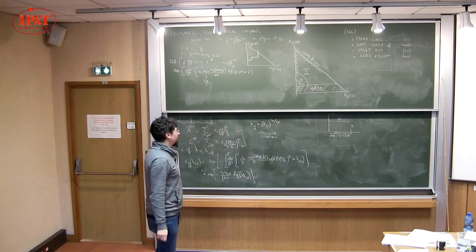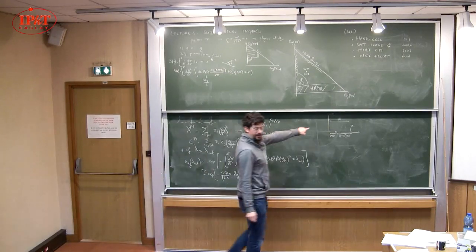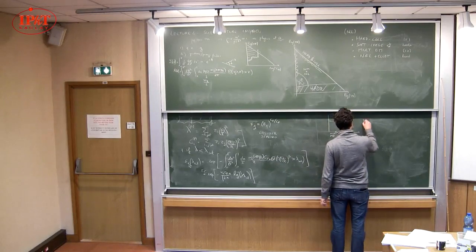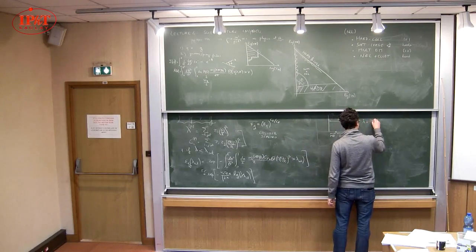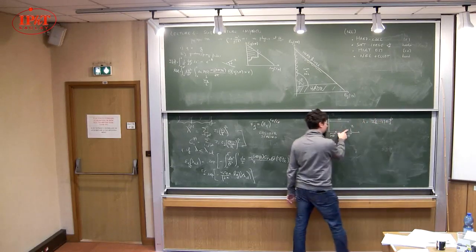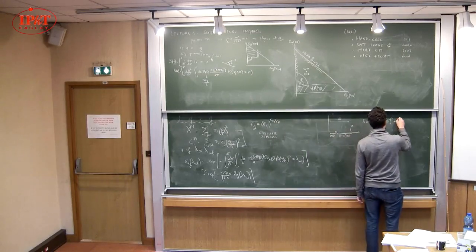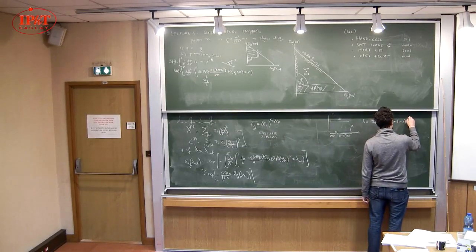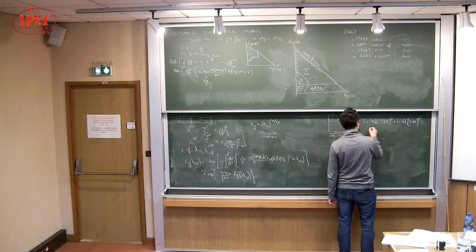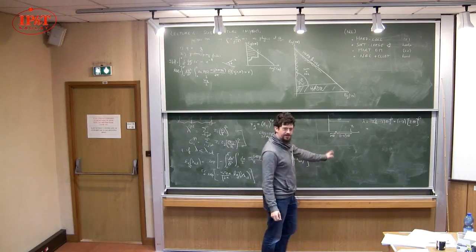Okay? So now if you try to compute this quantity for this one, you'll get something which is lambda is z times (1 minus z) theta to the beta. That's the contribution from this one. And the contribution from this one is going to be (1 minus z) times (z theta) to the beta. So in both cases, I'm taking the soft limit, so I can drop the factors 1 minus z.